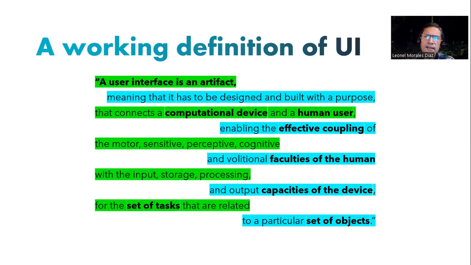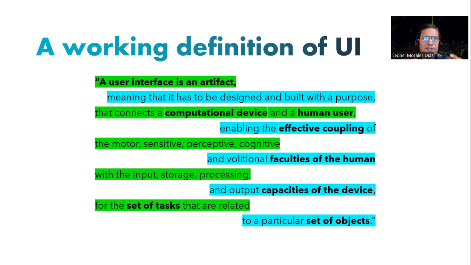Okay, this is a working definition of user interface. This is one that I propose in the paper. A user interface is an artifact, meaning that it has to be designed and built with a purpose, that connects a computational device and a human user, enabling the effective coupling of the motor, sensitive, perceptive, cognitive, and volitional faculties of the human with the input, storage, processing, and output capacities of the device for the set of tasks that are related to a particular set of objects.